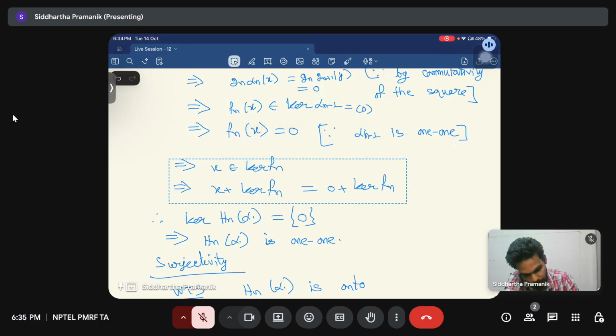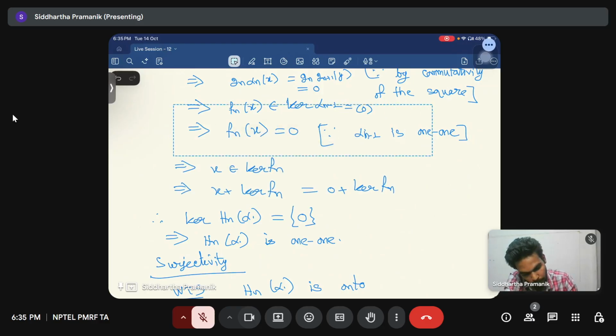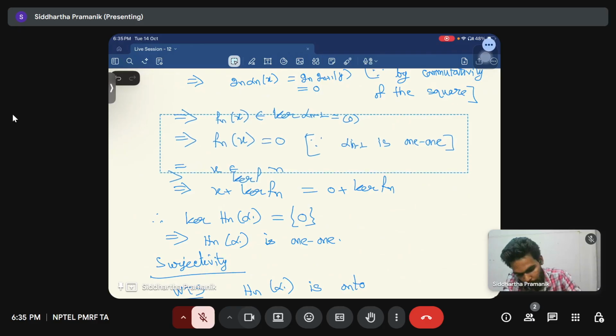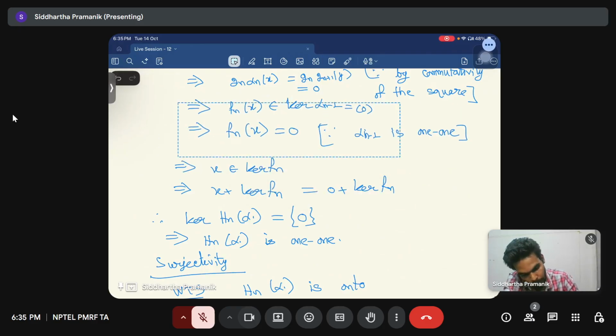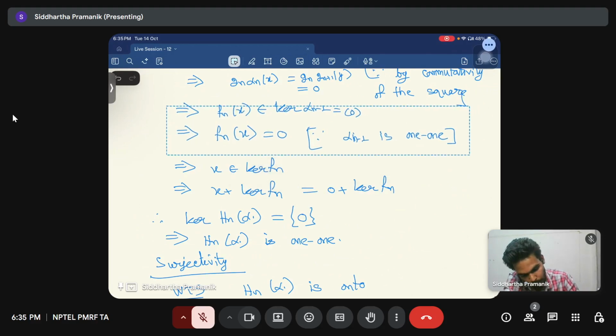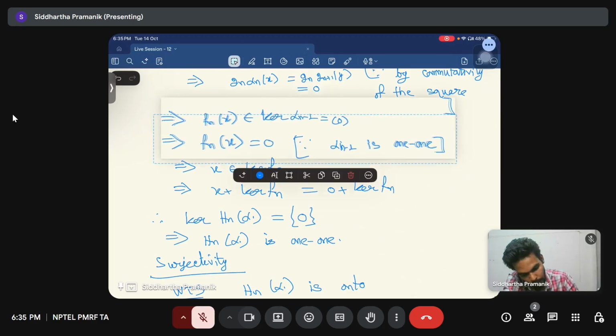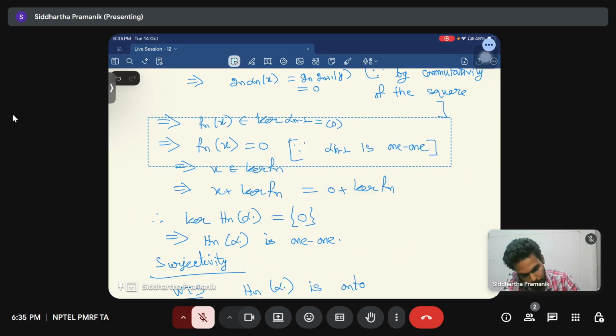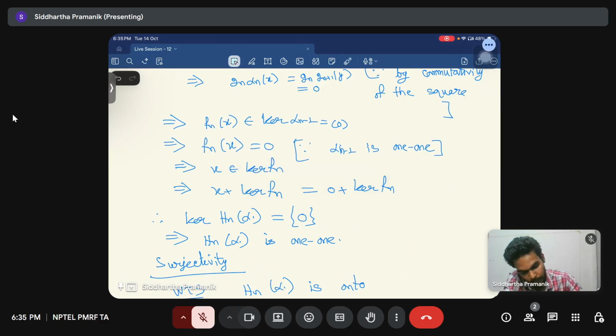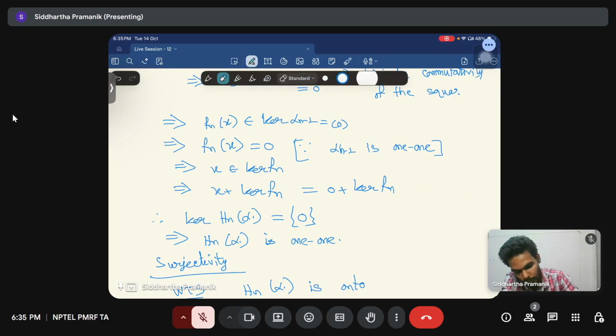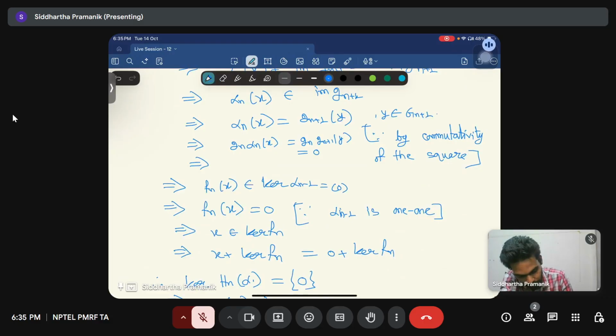Maybe I will add it here. Yeah, it's fine. So from this we will say alpha_{n-1} f_n of x is 0.